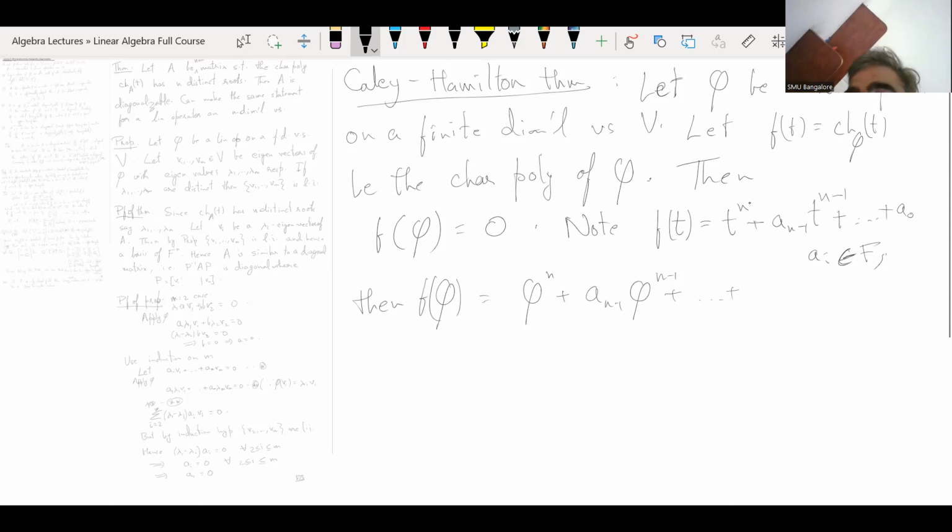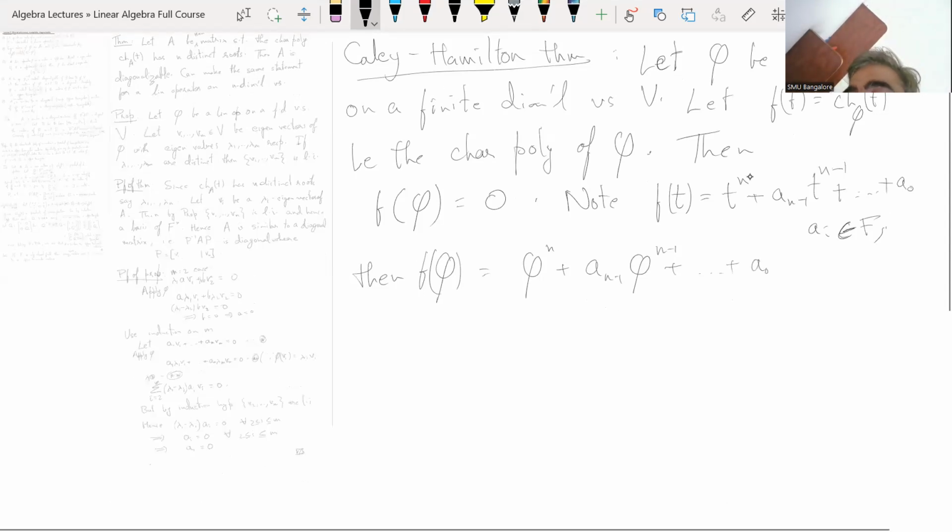A_0 as such is just a scalar, so you want to think of it as a linear map. So you put a_0 times the identity. Then f of phi is this, and you are saying that this endomorphism is the zero endomorphism.